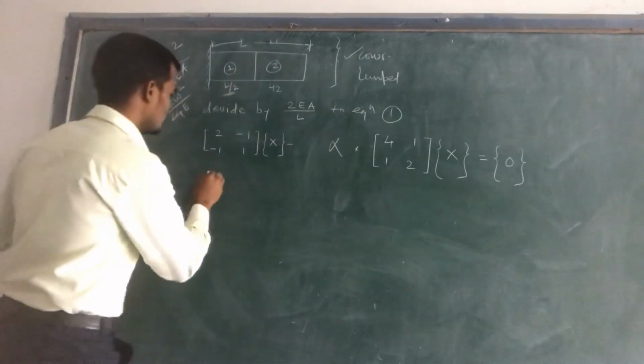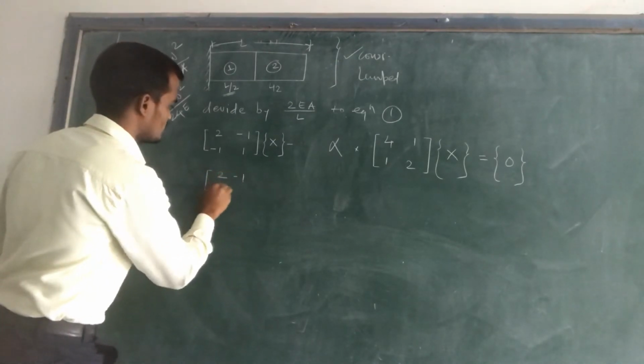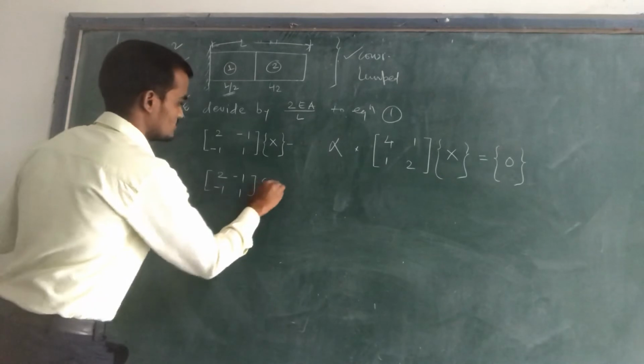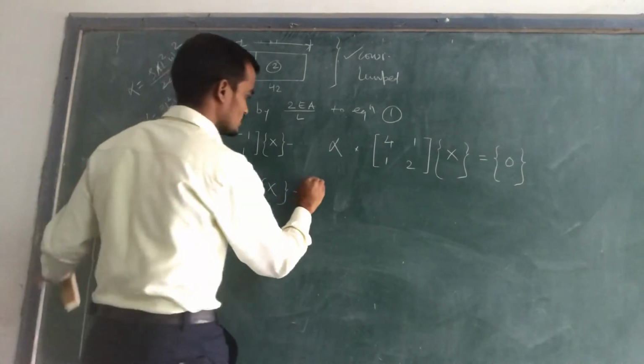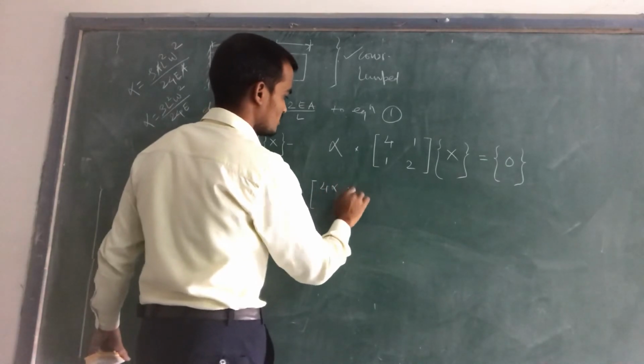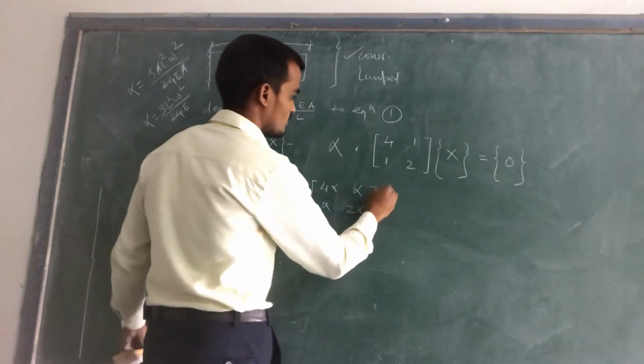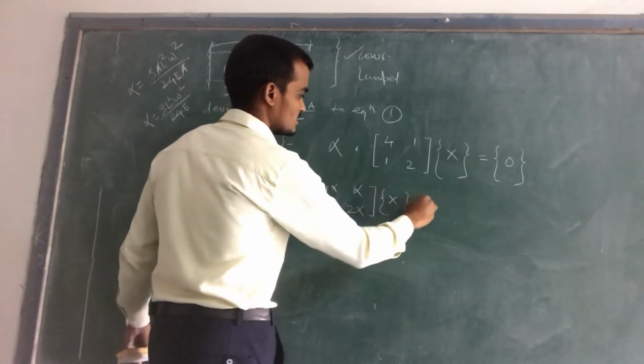If we multiply this alpha to this matrix, we will get the first matrix 2 minus 1, minus 1 1, times x, minus 4 alpha, alpha, alpha, 2 alpha, into x is equal to 0.